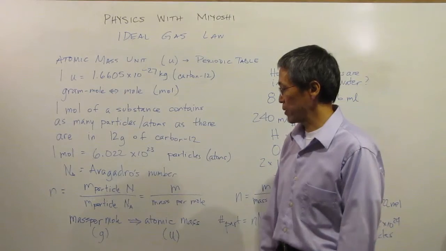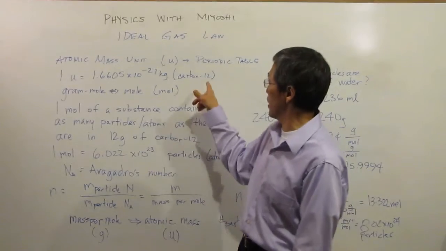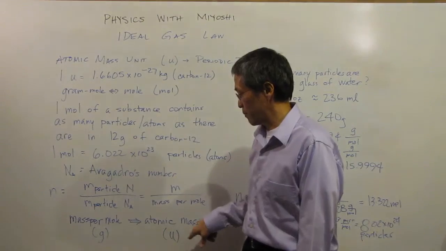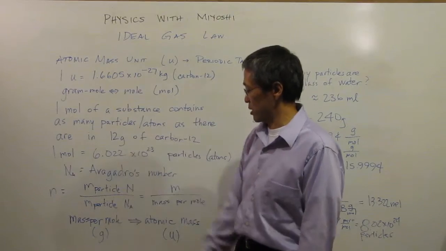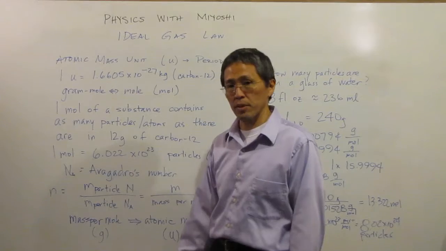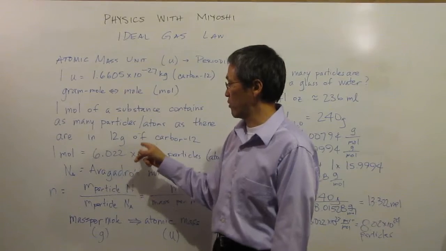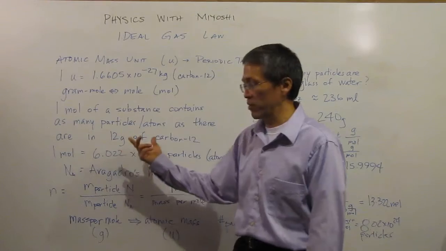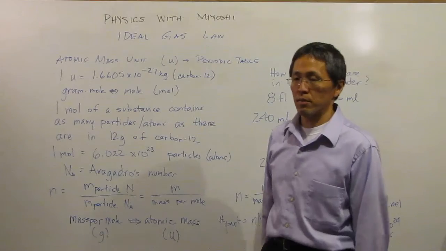We can do that because if we look at the periodic table of elements, we can see the atomic mass, and even though it's in atomic mass units, we can also convert that to grams per mole. So 1 mole of carbon atoms weighs about 12 grams, and 1 mole of the other elements would weigh however many grams are listed in the periodic table.